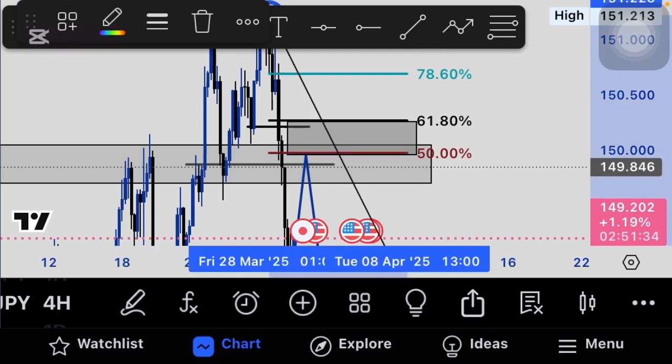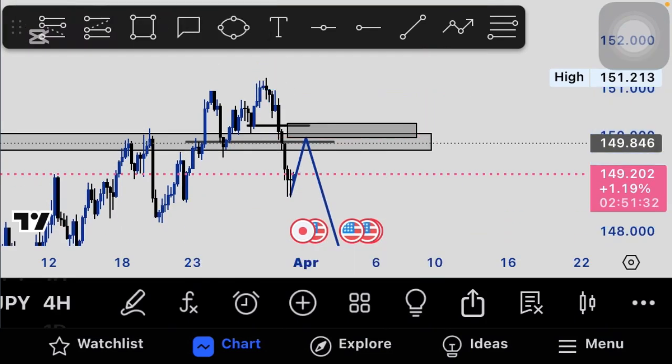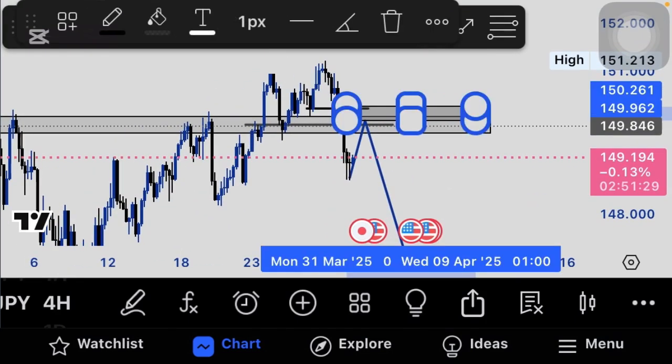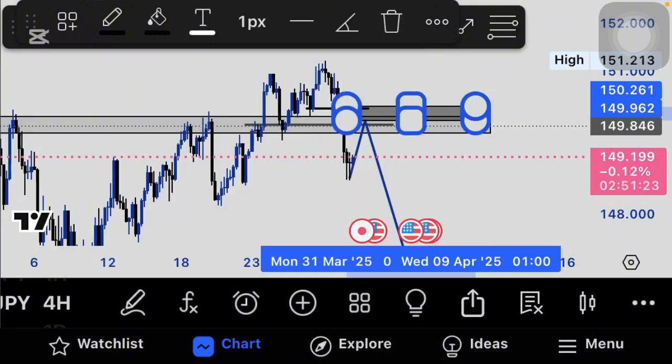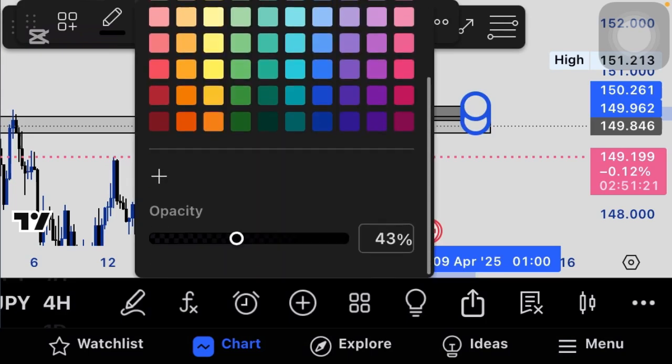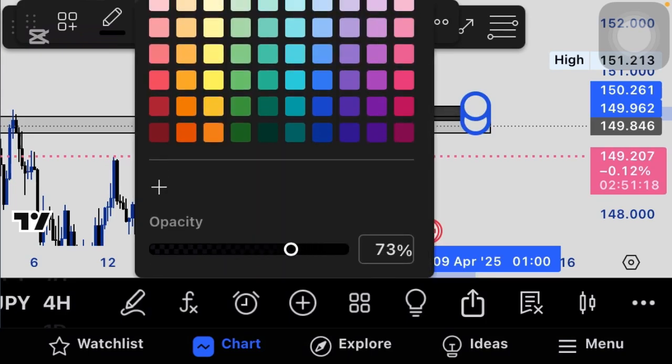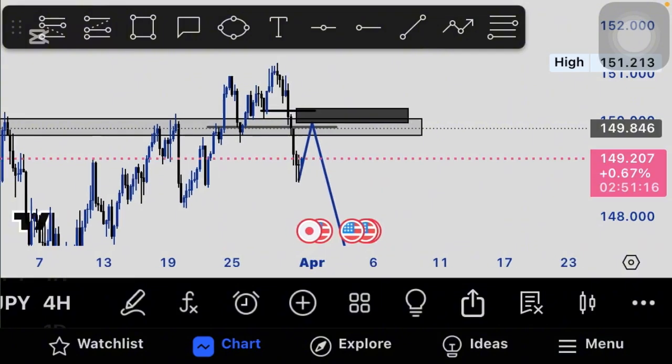So I'm going to delete it right now. We're going to change the color of that particular one. We're going to sell from that zone, and I'll make the color okay. So that's our fib zone.